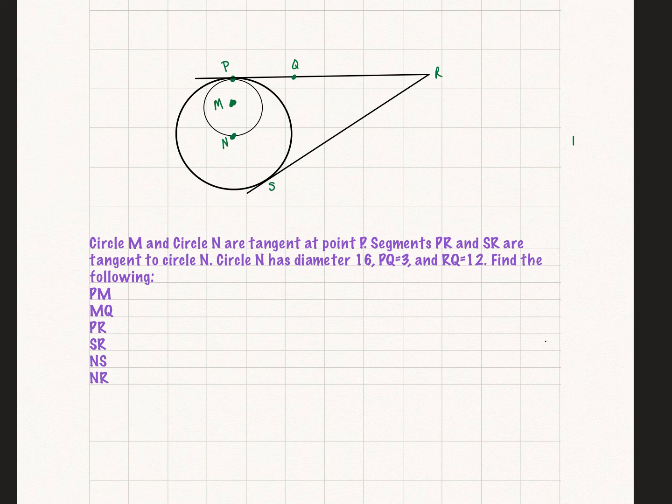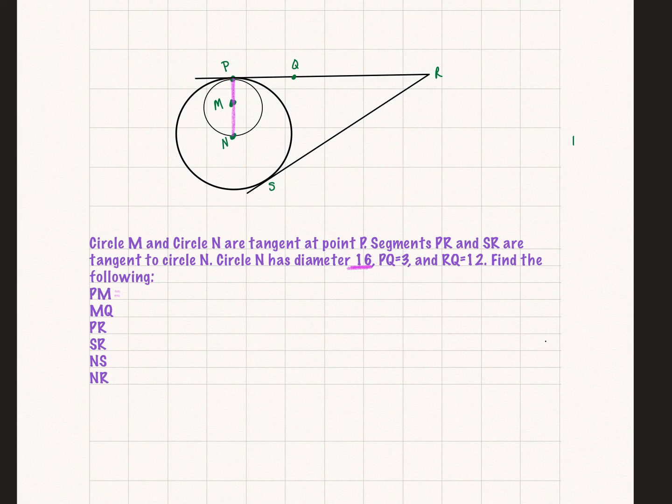So the first one we want to find is PM. So PM is this line right here. So looking at PM, I see that it's the radius of circle M. And if I extend that a little bit further, I see that it is the diameter I can form, and that the diameter of circle M is the radius of circle N. And I'm told that circle N has a diameter of 16.